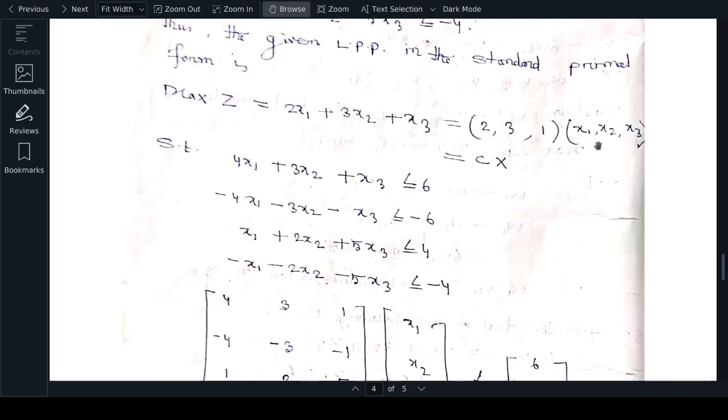Next you write the coefficient matrix in matrix form. Then how do we write its dual?